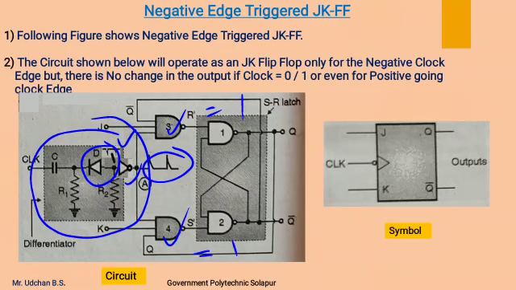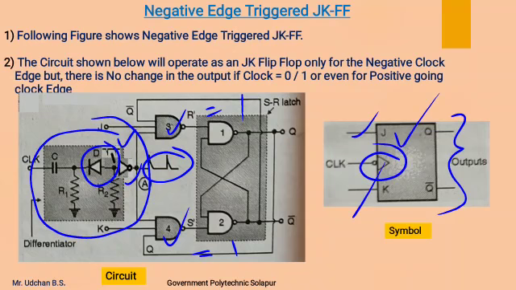So to avoid that, the NOT gate is used. After that the operation is the same, and this is the symbol of the negative edge triggered JK flip flop. These are the two inputs J and K, these are the two outputs Q and Q complement, and this symbol shows that the flip flop is negative edge triggered.